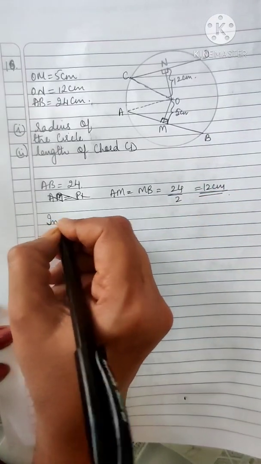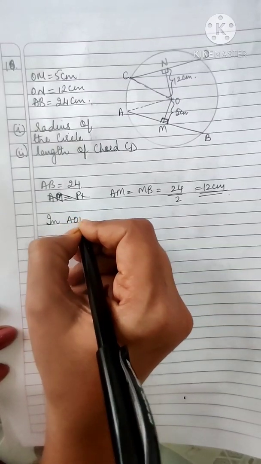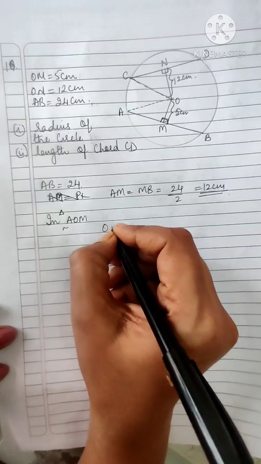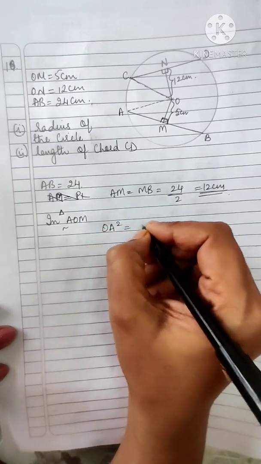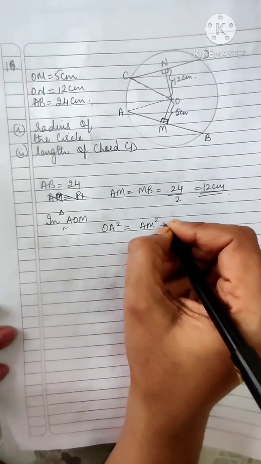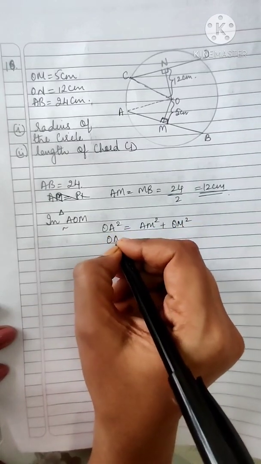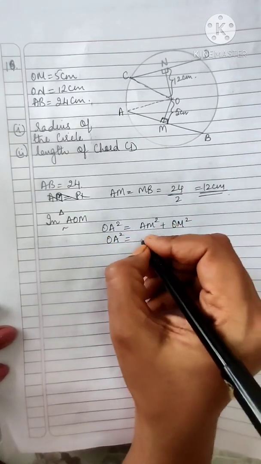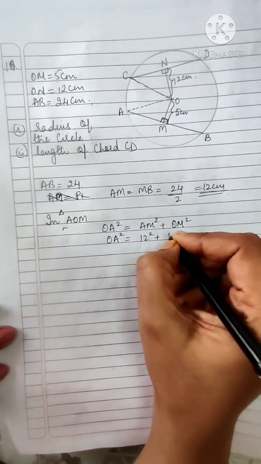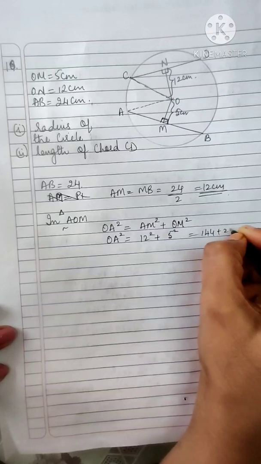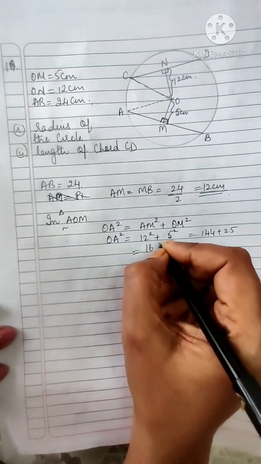Now in triangle AOM, this is your triangle AOM. By Pythagoras theorem, OA square is equal to AM square plus OM square. So OA square will be equal to 12 square plus 5 square, which is 144 plus 25, 169.